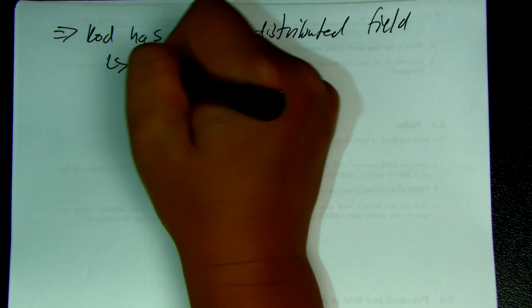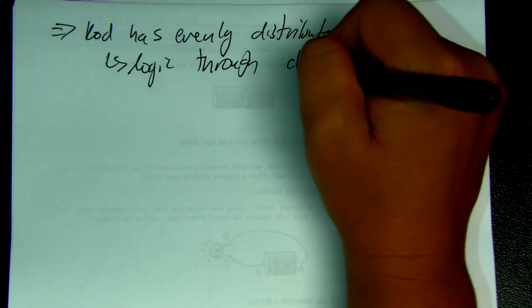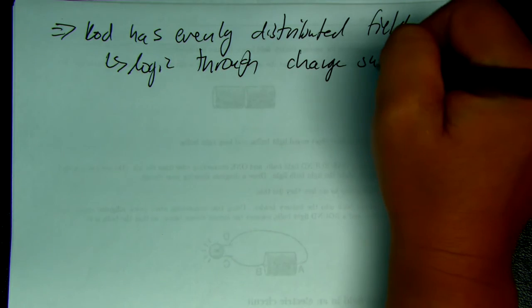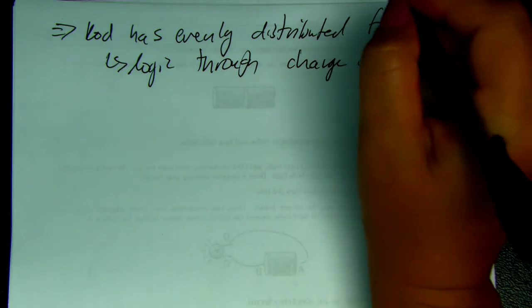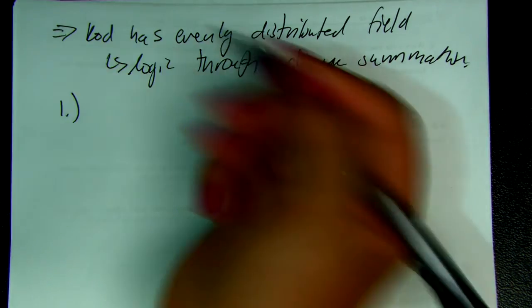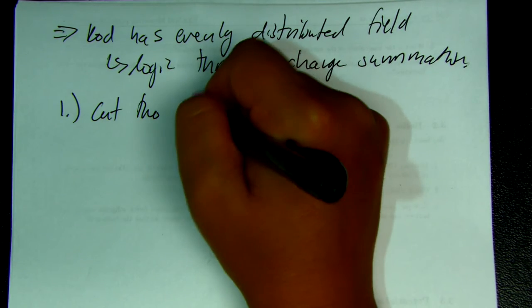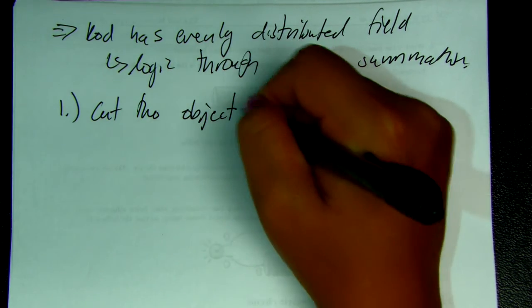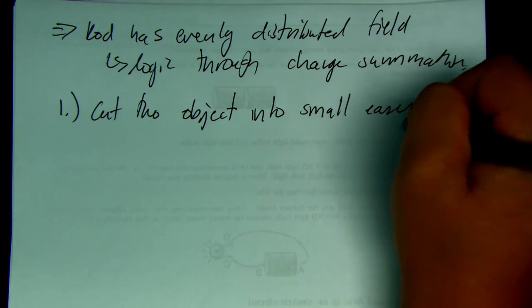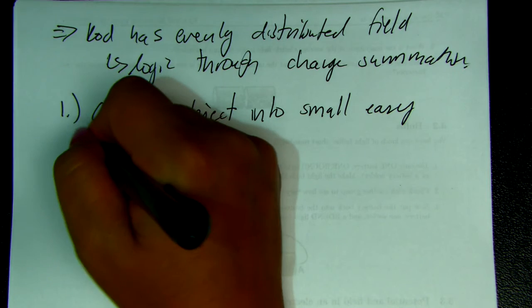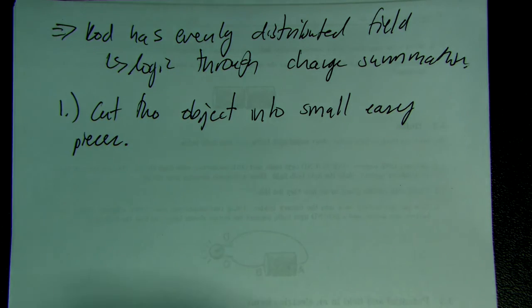Okay, so the first step we would do is we'd cut the object into small, easy pieces that we can handle. Pieces we know how to calculate.